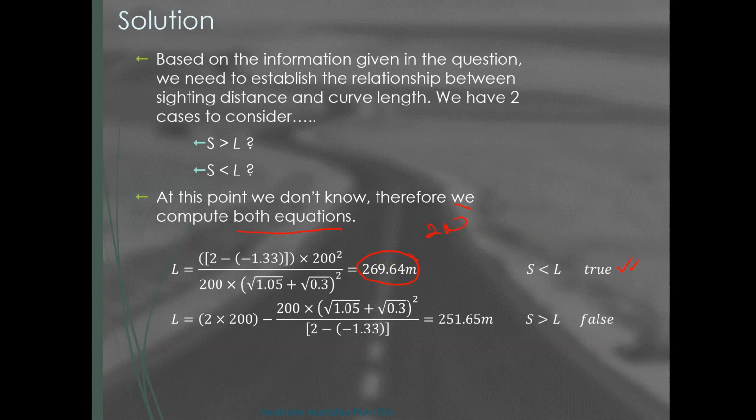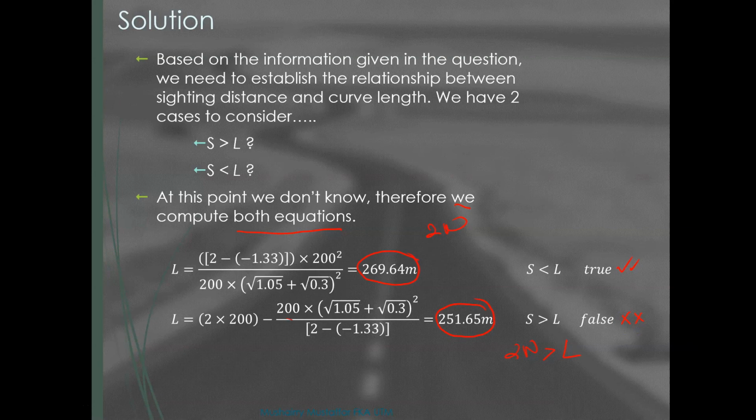Let's try the second equation. 2 times SSD, which is 2 times 200, multiplied by all that, and we ended up with 251.65. In this case, S, which is 200, is not greater than L, so that is false.